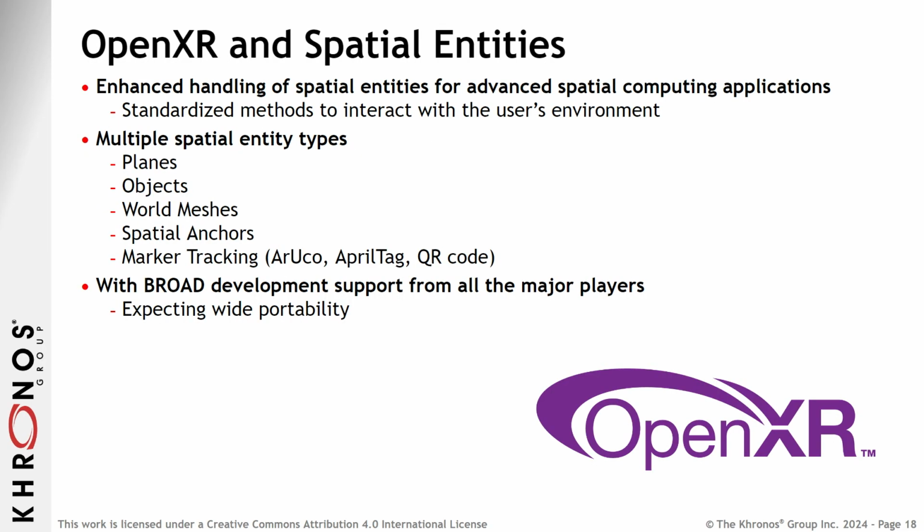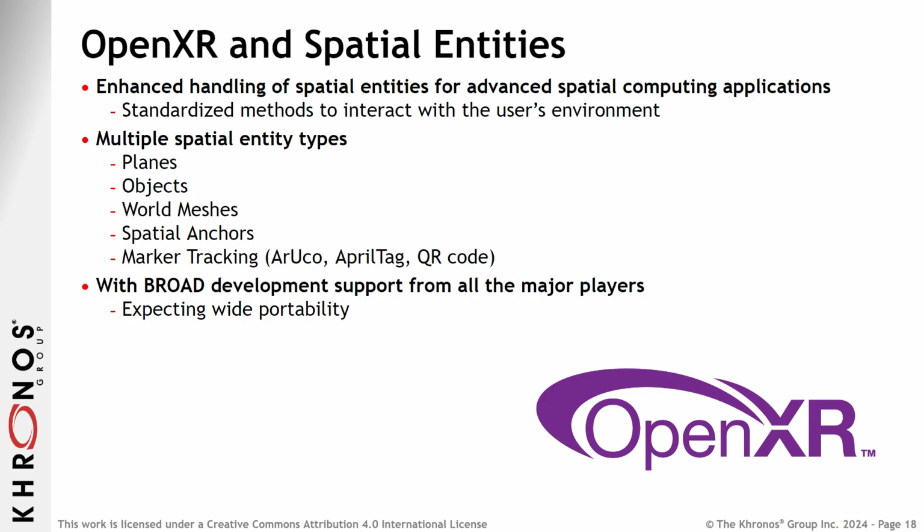Okay, so let's talk about spatial entities. We want to standardize the method by which the application interacts with the user's environment. That includes being able to recognize and anchor content with planes, objects, the world mesh, spatial anchors, all kinds of marker tracking, and everybody in the ecosystem is excited for this to just become a standardized piece of the OpenXR specification, because this is the new frontier where things are starting to get quite interesting, but also quite fragmented.